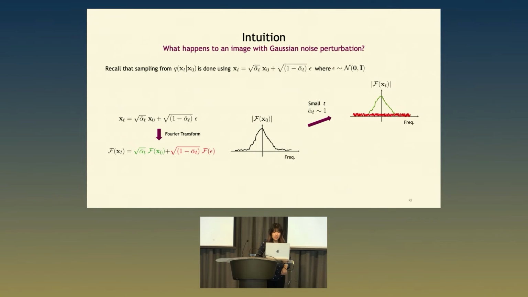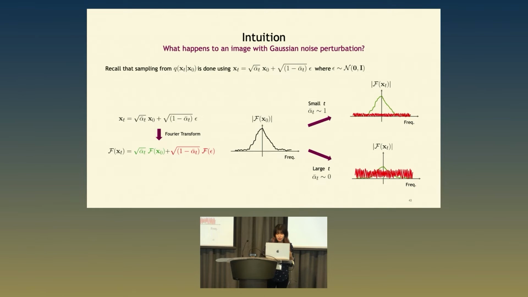When we have a small noise level, if we compare the magnitude of the Fourier components of the data versus the magnitude of the Fourier components of the purely white noise, which is this epsilon, we can see the magnitudes are more similar to each other in the high frequency regions. But the low frequency components of the data have higher magnitude at the early stage of the Gaussian noise perturbation process.